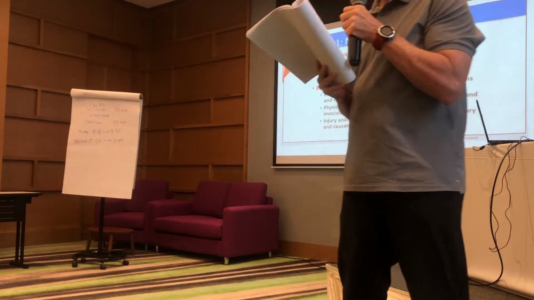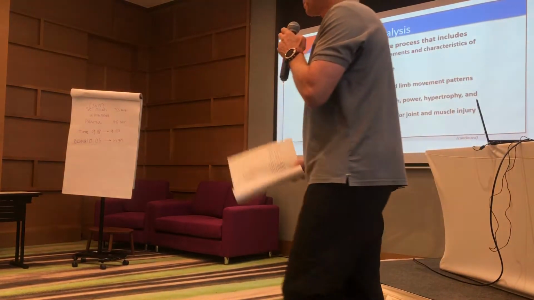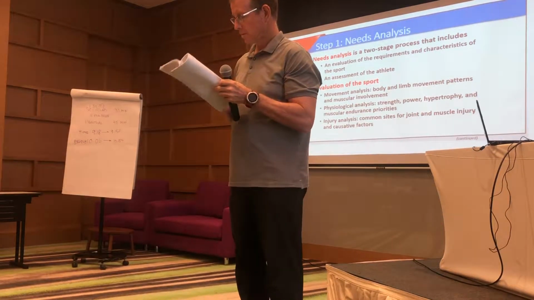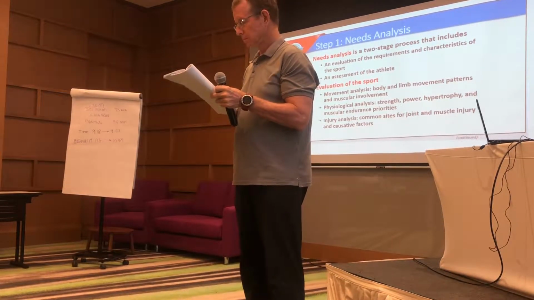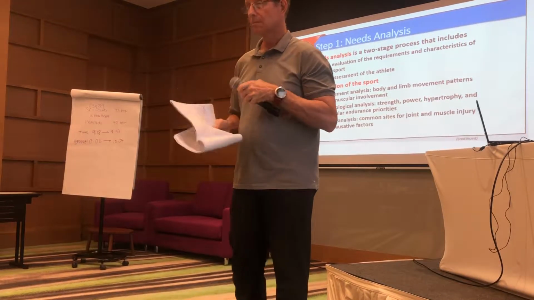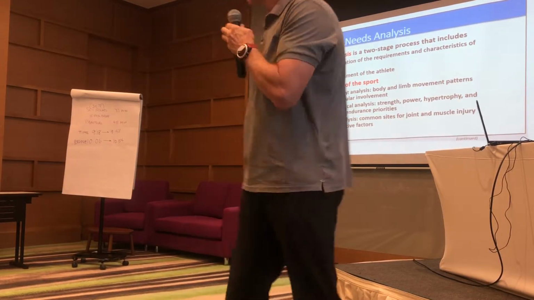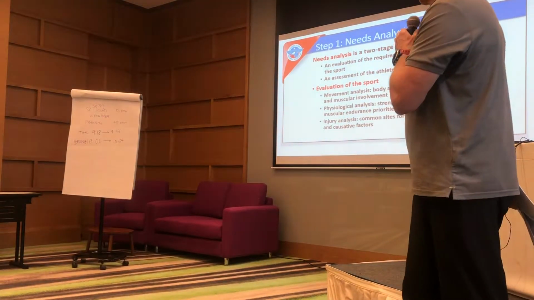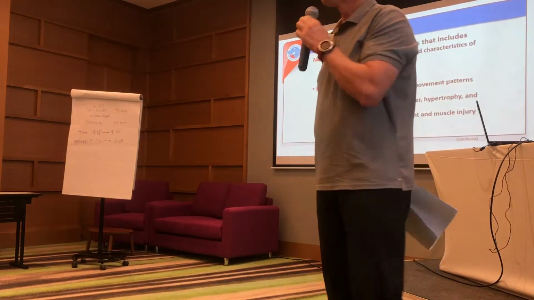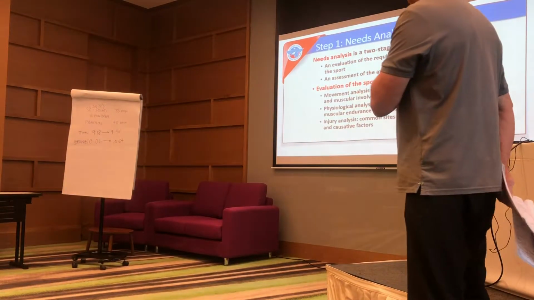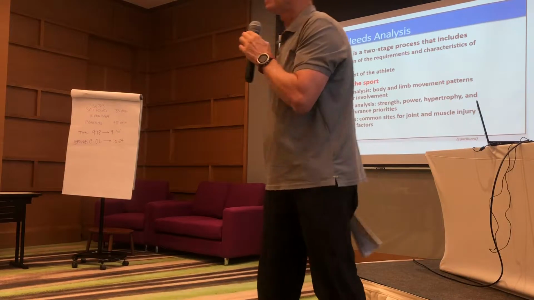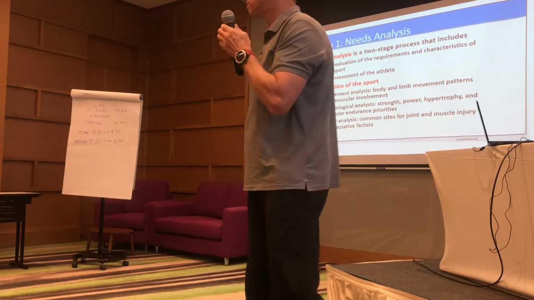The first step in creating a strength training program is to make a needs analysis. There are two components to it. The first one is really independent of the athlete. This is going to be common to all athletes in the sport, when you analyze the requirements and the characteristics of that sport.